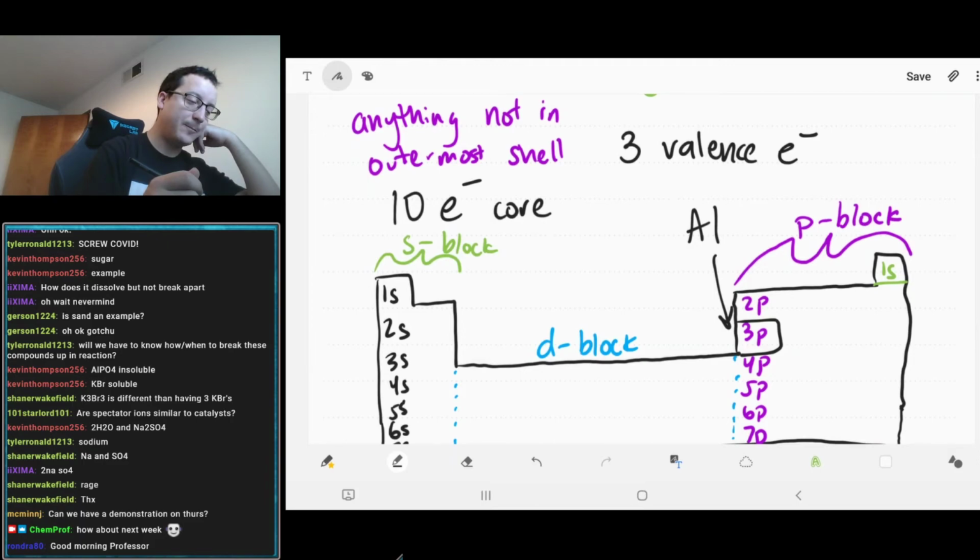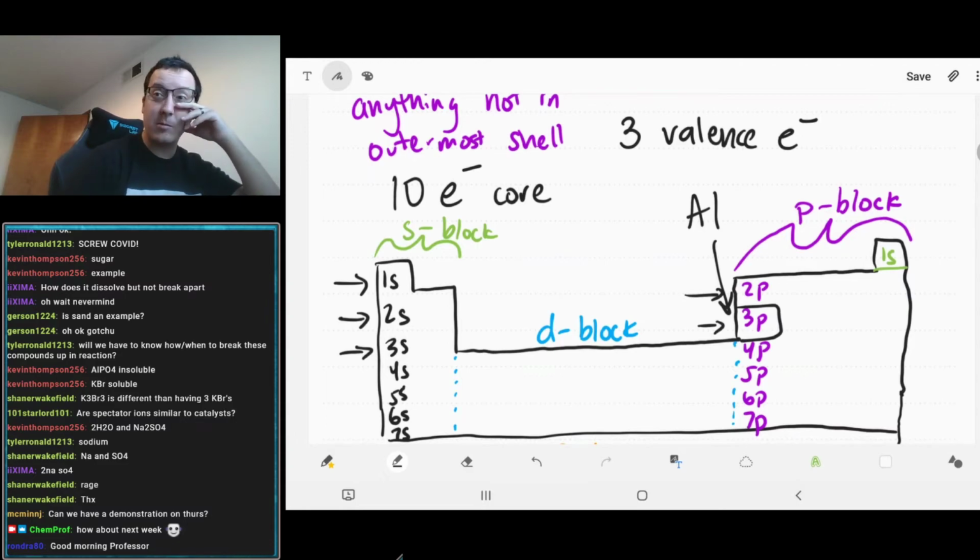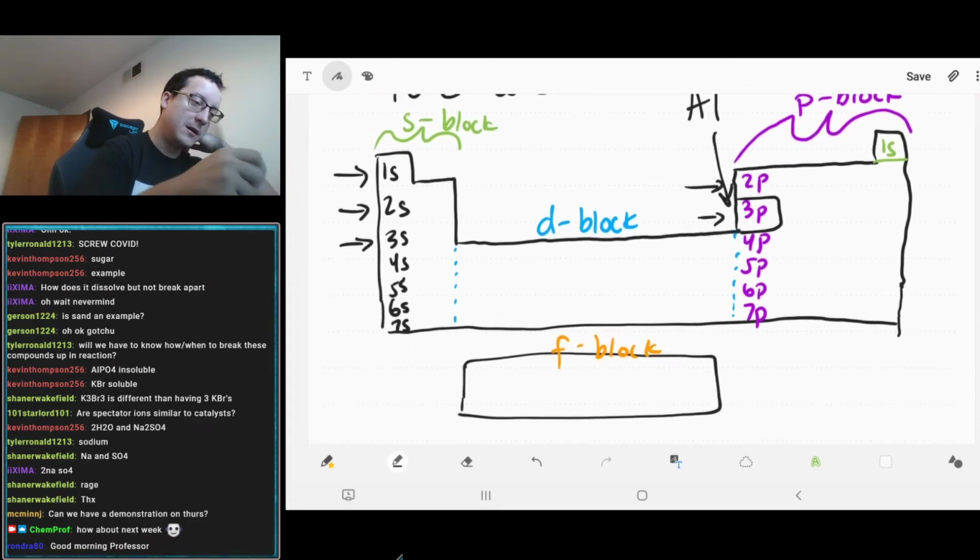We're going to see that aluminum is going to start with 1s. It's going to go through 2s. It's going to go through 2p. It's going to go through 3s. And it's going to end here at 3p. So the last spot in your electron configuration will match where it is on the periodic table.